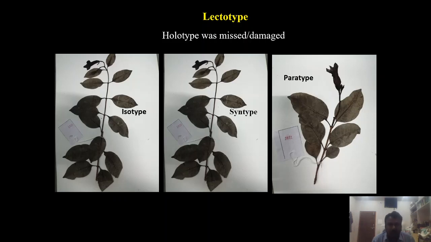Now, the original holotype was missing for this species. Now we have isotypes, syntypes and paratypes. Then we select the specimen that is very similar to the description of the species. If it is selected as a holotype, then it is known as lectotype.